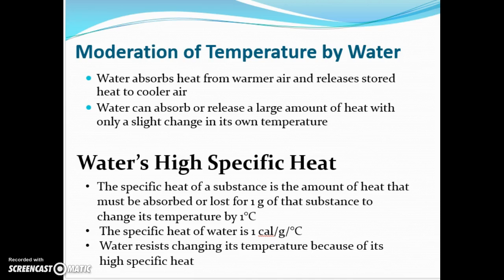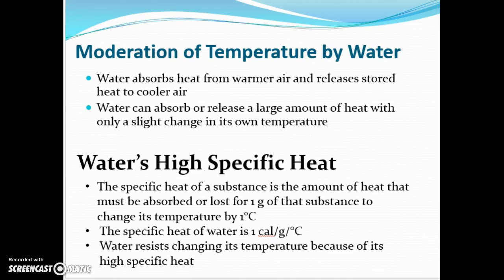And that's because of water's ability to absorb the heat from the air and release the stored heat, if it were a cold day, to warm up air. So this has to do with water's high specific heat.